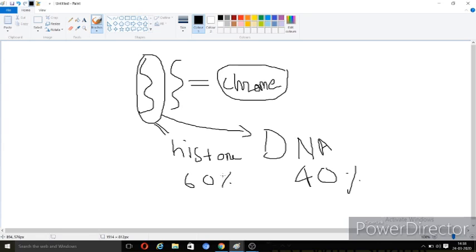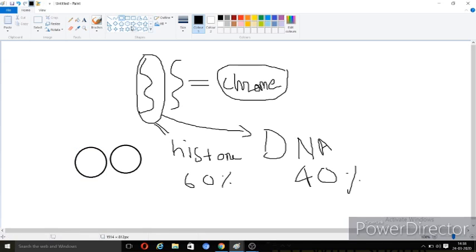To understand these chromatins, we need to understand how the histone looks. Actually, histone is a spherical protein. So in exam they may ask you, name the protein that is present in a chromatin. So the answer will be histone.